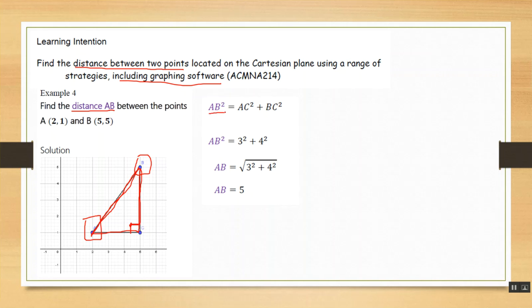So AB squared, this line, equals AC squared, this one, plus BC squared, which is this one.